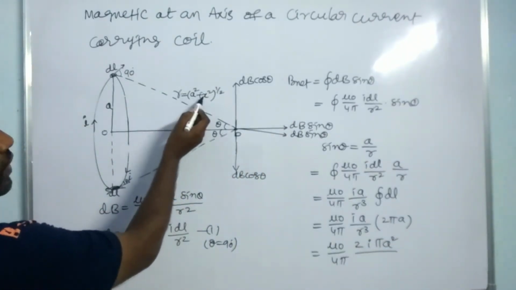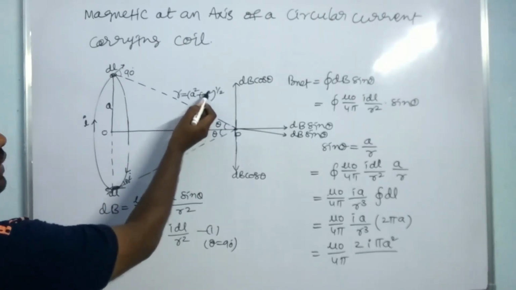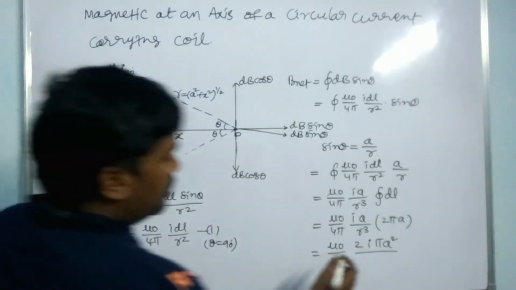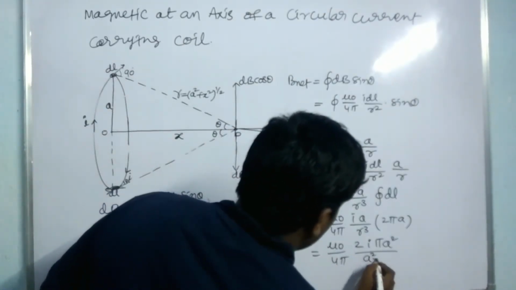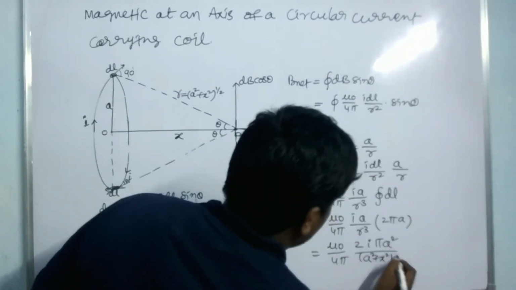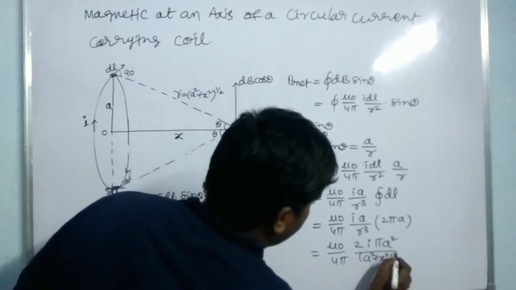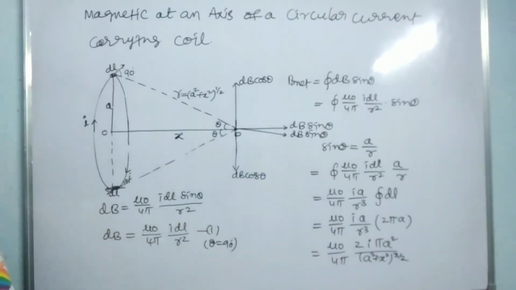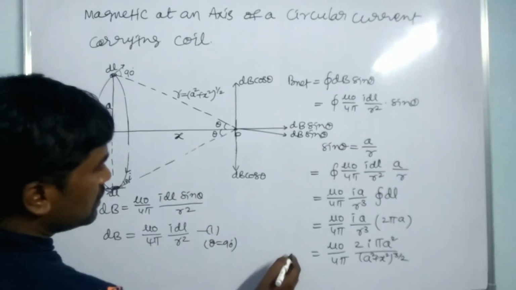So this is the r value, a square plus x square whole power 1 by 2. It is cube, that is 3 by 2. Okay, r cube is equal to a square plus x square whole power 3 by 2. So this is the dB.